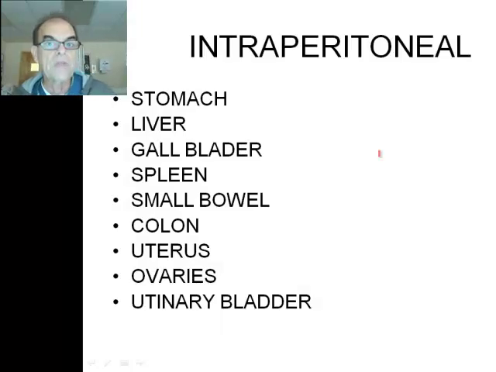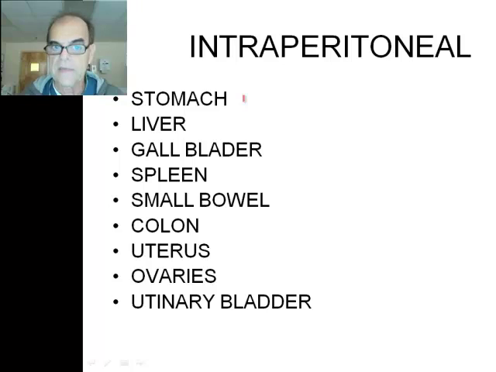There are organs that are intraperitoneal and organs that are retroperitoneal. It is very easy to remember because the retroperitoneal organs are fewer than the intraperitoneal organs, and an organ is either intraperitoneal or retroperitoneal. Of course, organs of the abdominal cavity.